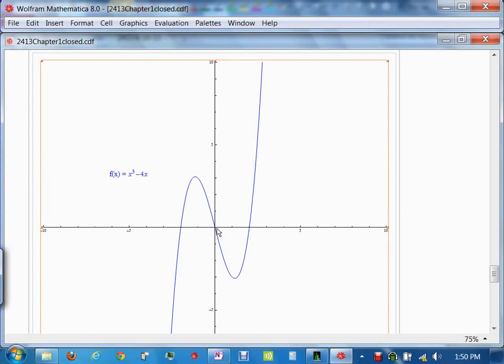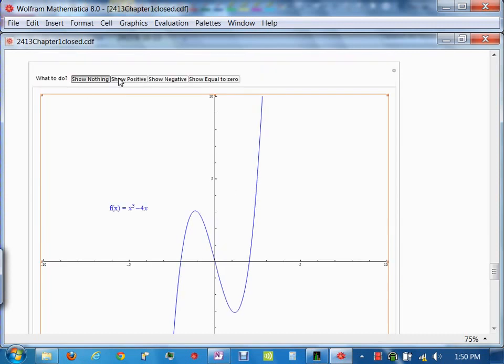Now, where else is it positive? Well, from 0 to 2, it's negative because it's below the x-axis, right? But from 2 on, it's above the x-axis, right? So here's where I can click on this. And again, the color's not going to come out very good here, but right here, this green, and this green right here.